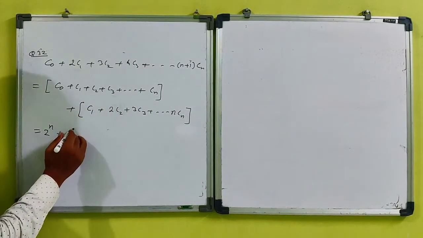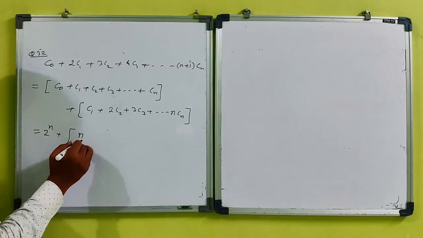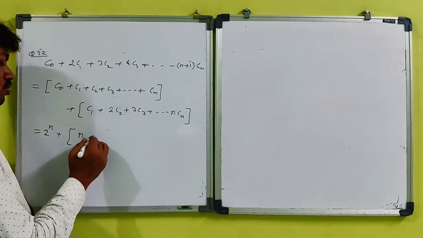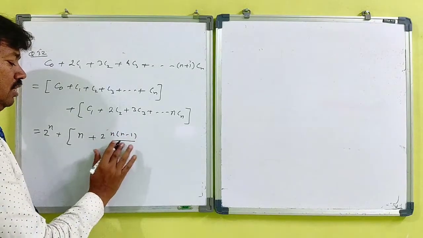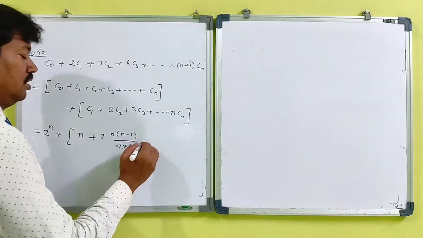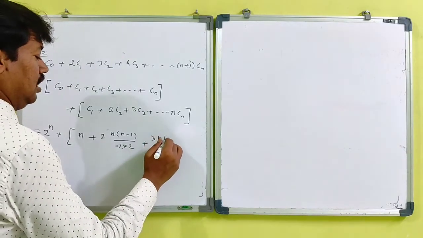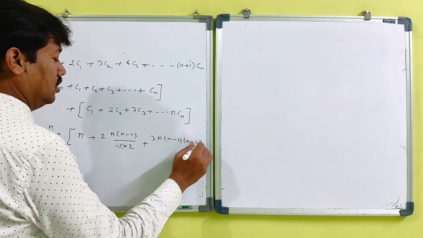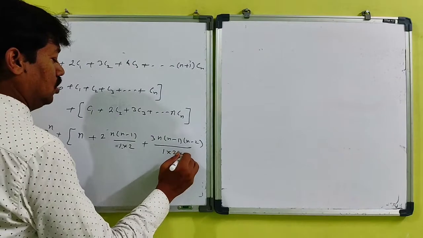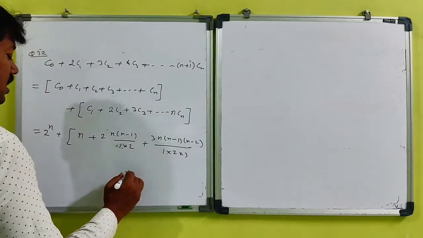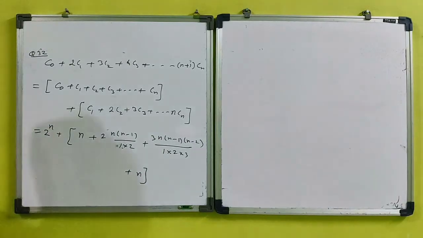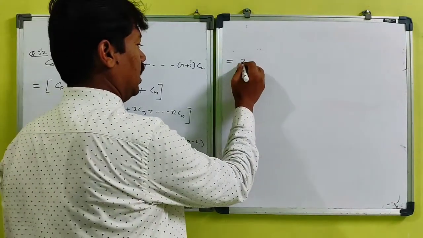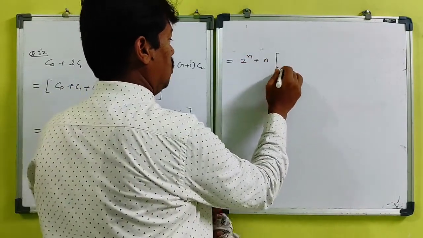What is this one? C1 is always n. 2 into C2 is 2 into n into n minus 1 upon 1 into 2, that is 2 factorial. 3C3 is 3 into n into n minus 1 into n minus 2 upon 1, 2, 3, like this. The last is n. So we take n common out of this. So it is 2 raised to n plus n common.